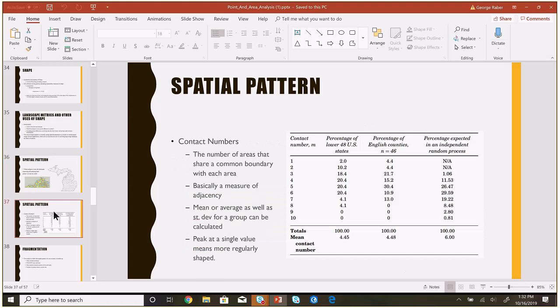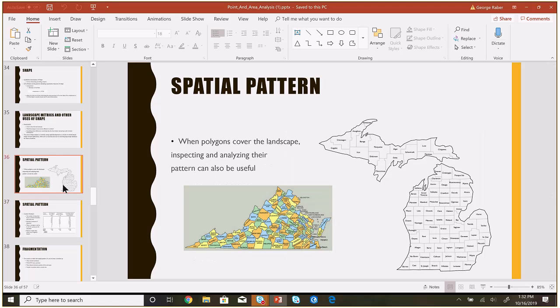Now, specifically with areas, one of the methods that we can do is called contact numbers. Contact numbers looks at the number of areas that share a common boundary with each area. So it basically is a measure of adjacency. And this isn't spatial autocorrelation.